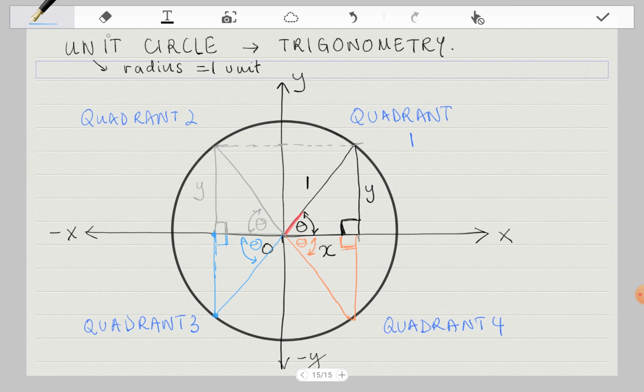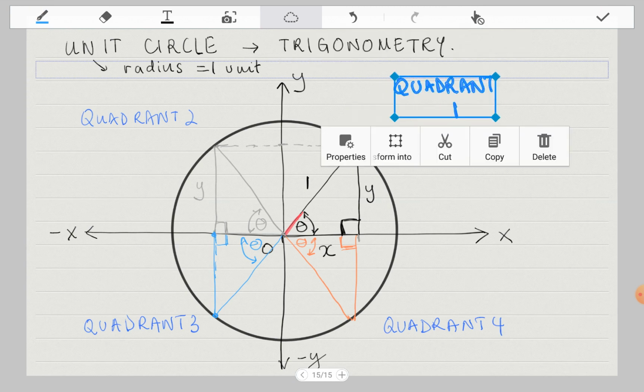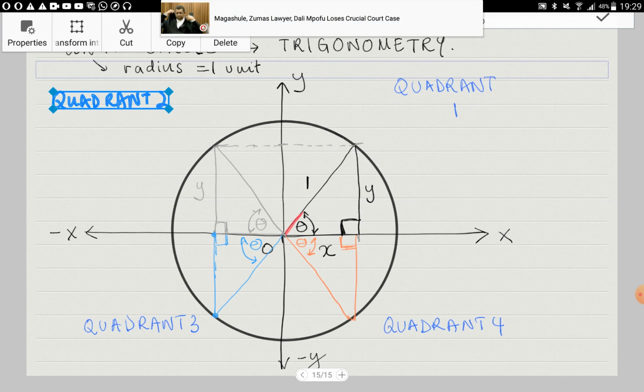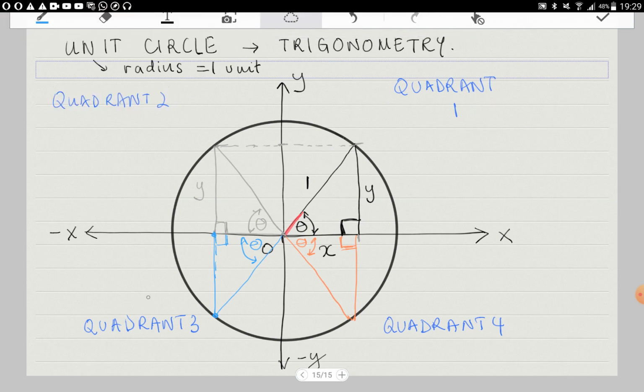What I want to explain now is giving the coordinates of all of these points. I think that's important at this stage to clarify what actually happens here.